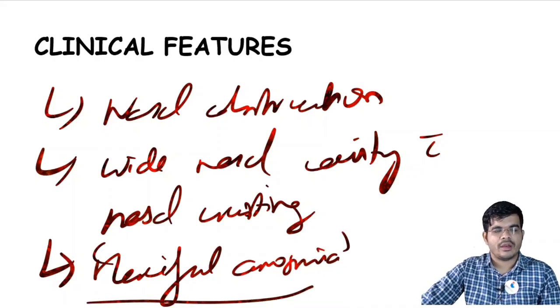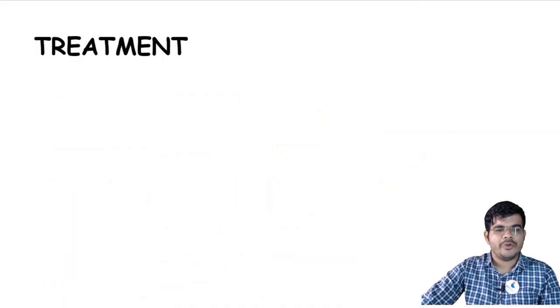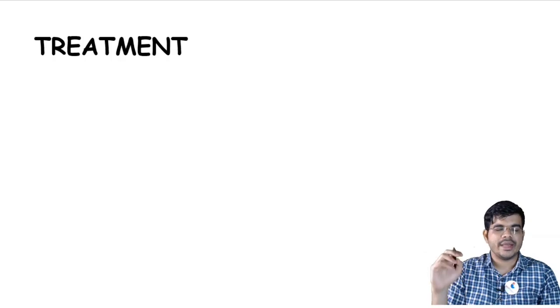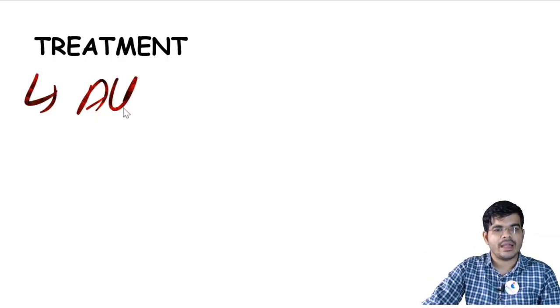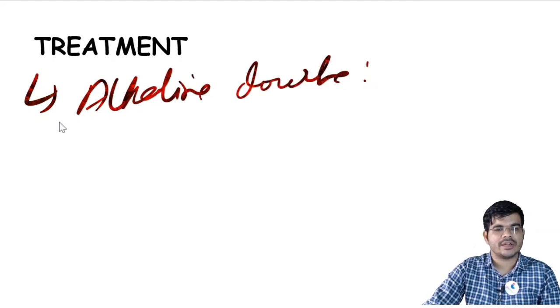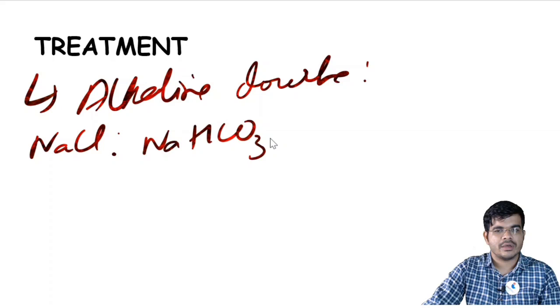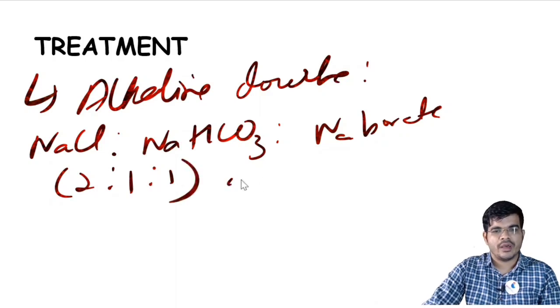Okay, and yes, how will you treat the condition? Treatment of the condition involves removal of the nasal crust. For removal of the nasal crust you will have to do alkaline douche. Okay, alkaline douche. And what is used? You will use sodium chloride, sodium bicarbonate, and sodium borate in the ratio of 2:1:1 mixed in distilled water.